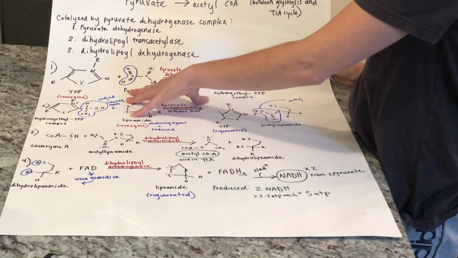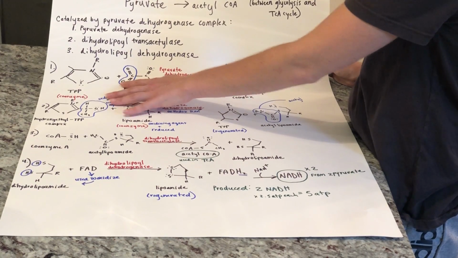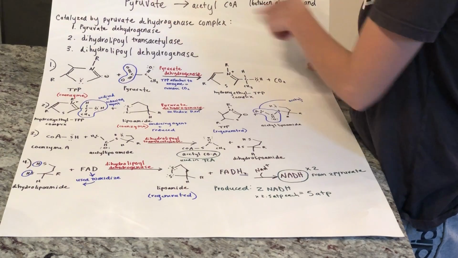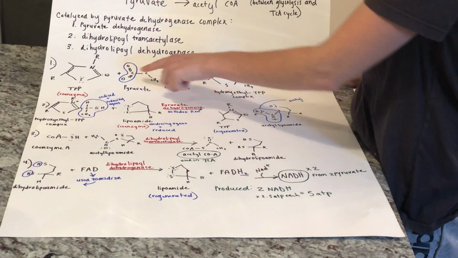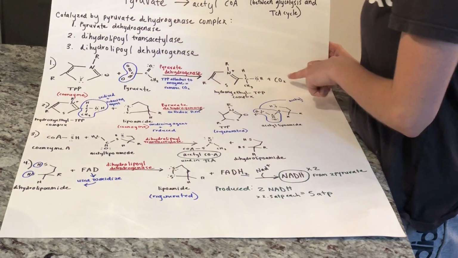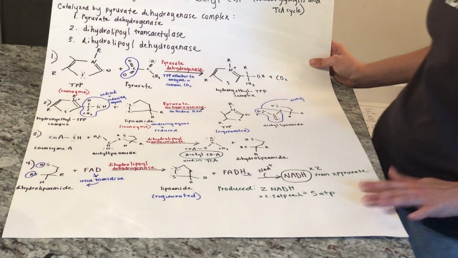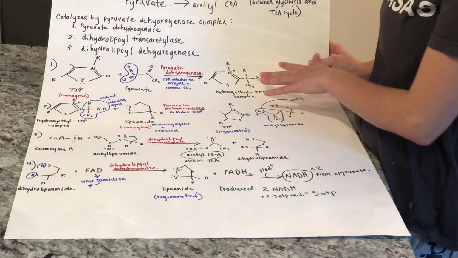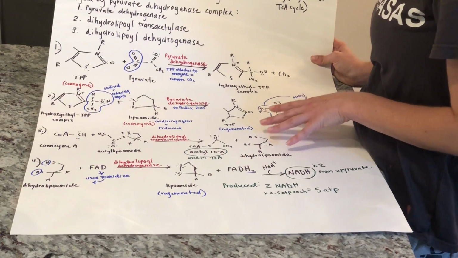So the pyruvate, we have the CO2, and the TPP is going to attach to the enzyme pyruvate dehydrogenase, the E1, and it's going to catalyze that first step in the reaction. It's going to remove this CO2, and we're going to have CO2 as a product of that reaction, as well as hydroxyethyl TPP complex.